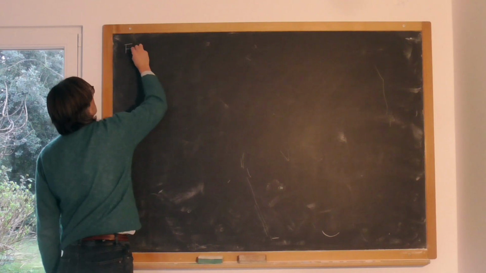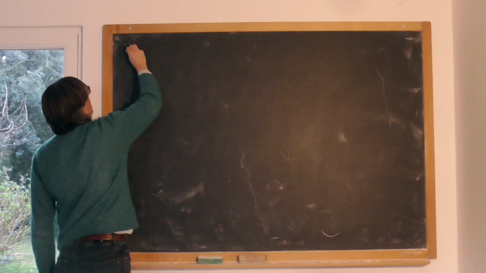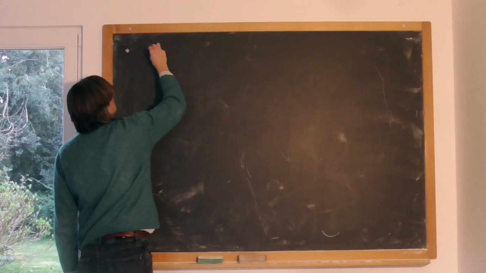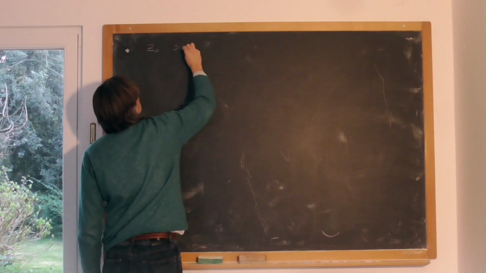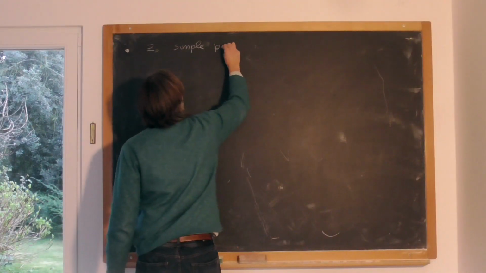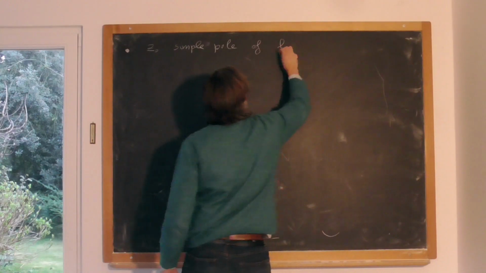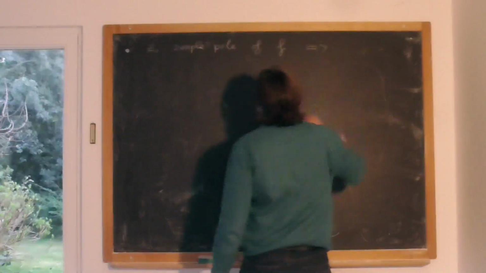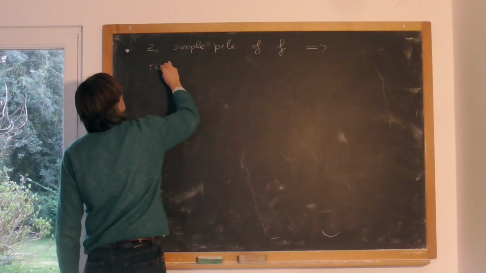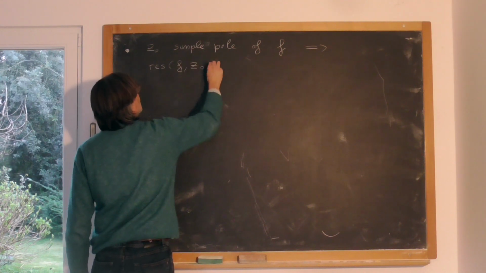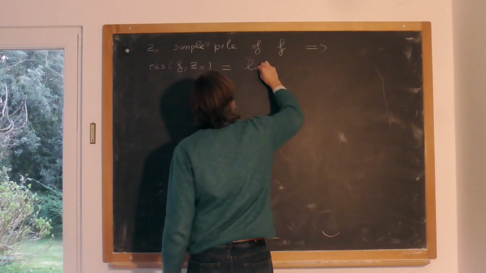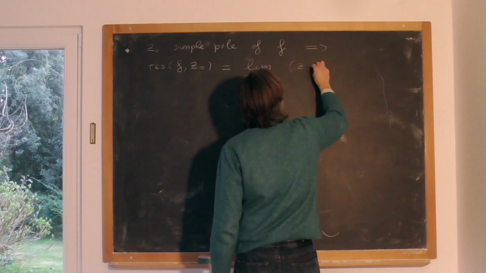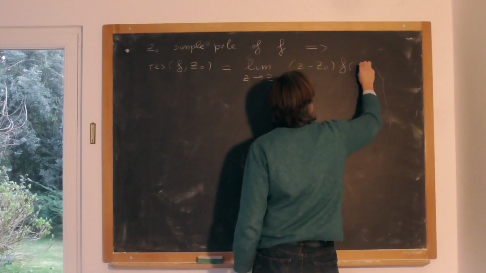So let's start with the simplest possible situation, the case in which Z0 is a simple pole of F. In this case, I claim that the residue of F at Z0 is just the limit for Z going to Z0 of (Z minus Z0) times F(Z).